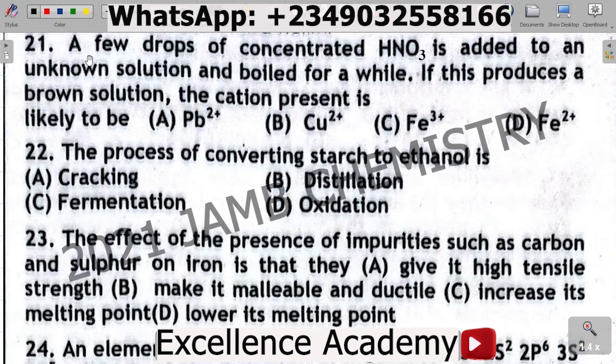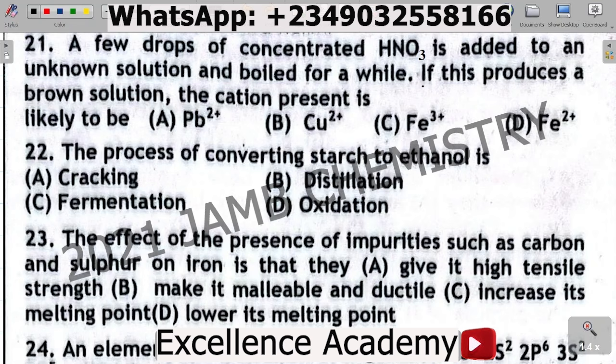Question 21 says a few drops of concentrated hydrogen trioxynitrate is added to an unknown solution and boiled for a while. If this process produces a brown solution, the cation present is likely to be A. Lead 2 ion, B. Copper 2 ion, C. Iron 3 ion, D. Iron 2 ion.